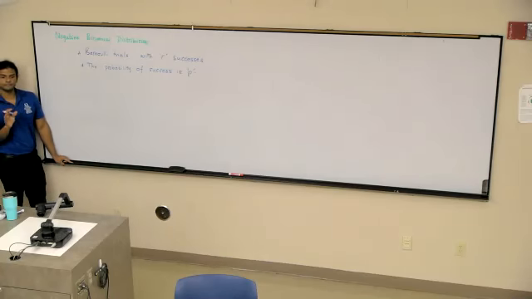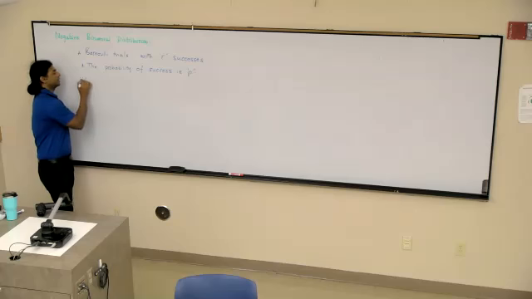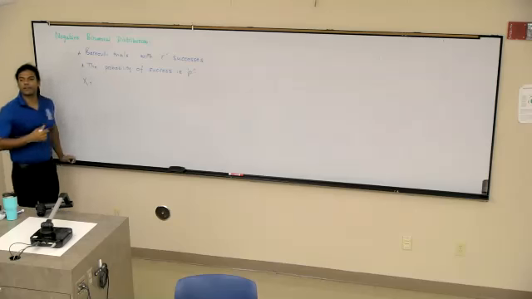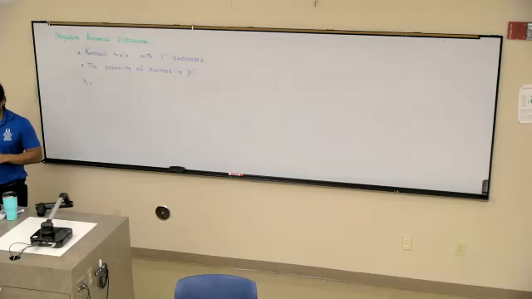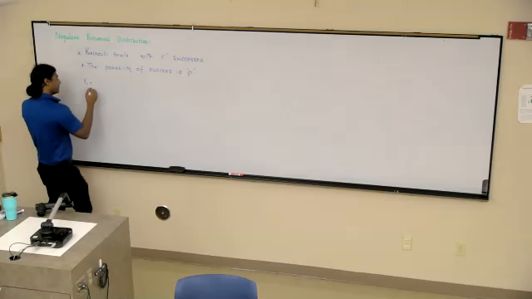And we want to define a random variable X. How did we define X for a binomial random variable? Number of successes out of n trials. Yeah.